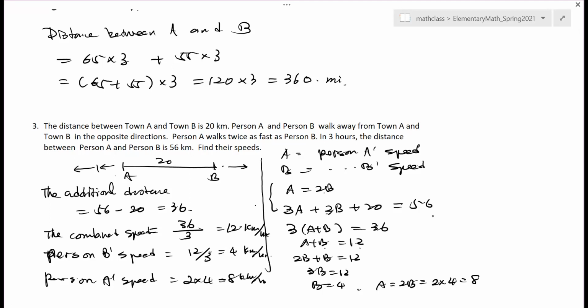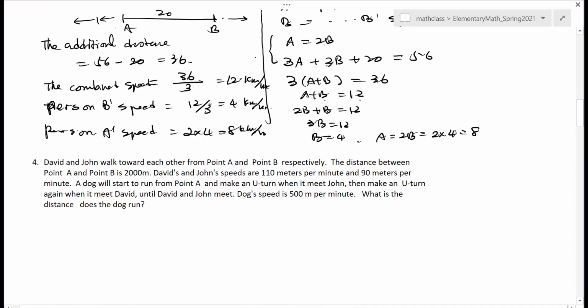So you have to divide by 3 in order to get person B's speed. This is the way we think at the very beginning. That's okay, but the method on the left-hand side is usually only for simple, specific problems. When the problems are getting more complicated, you need to use the equations to solve. I hope you solve the problem using both methods.